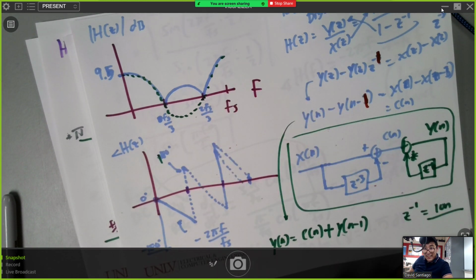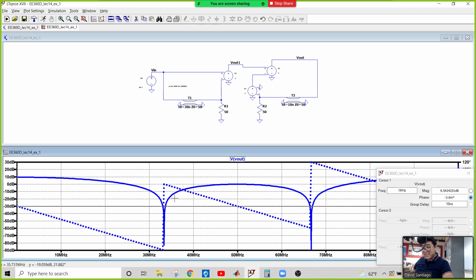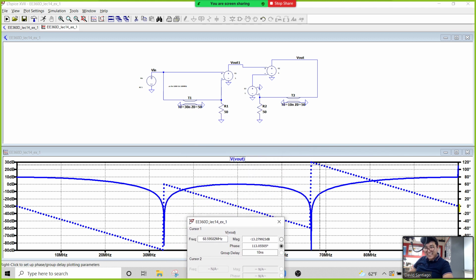To prove that, there you go. When we get to that little discontinuity, we add phase, and then we add phase again, and boom, we're up there. And what number did we end at? Oh yeah, 0 degrees. Did we do it right?